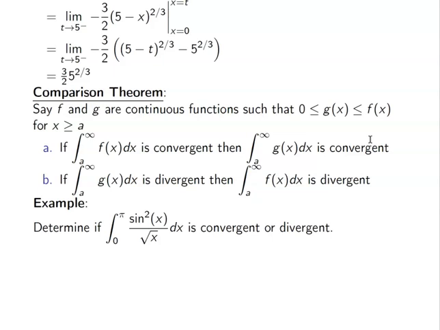So for instance, let's determine if the integral from 0 to pi of sine squared x over square root x, with respect to x, is convergent or divergent. Now, this function is not very easy to integrate.